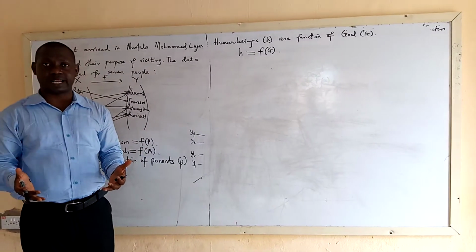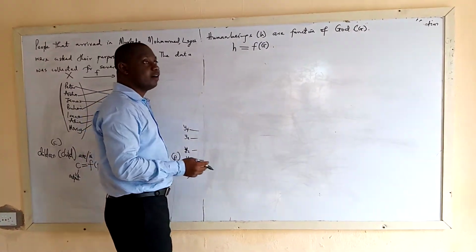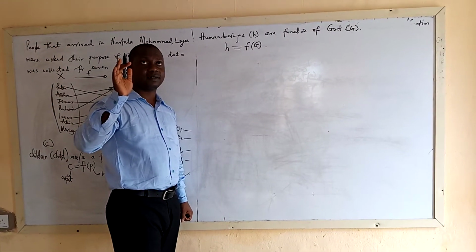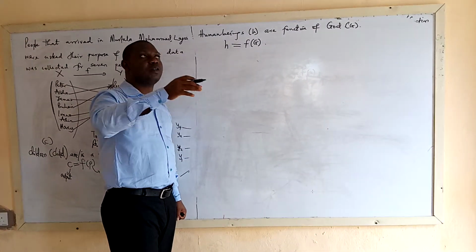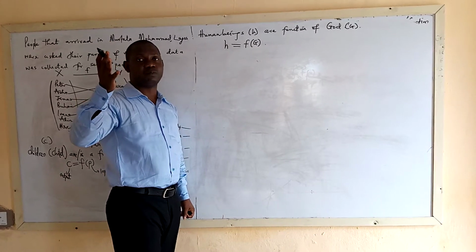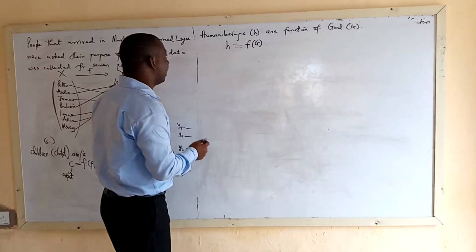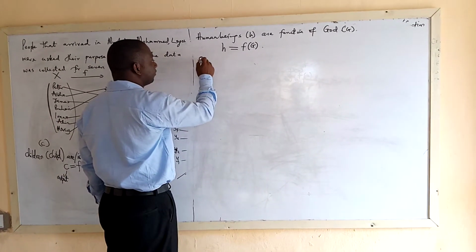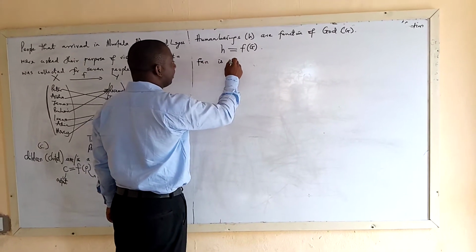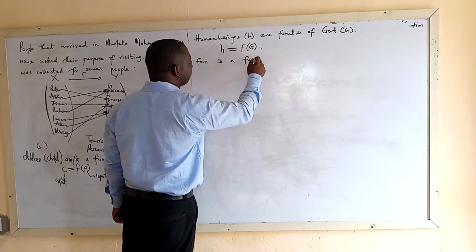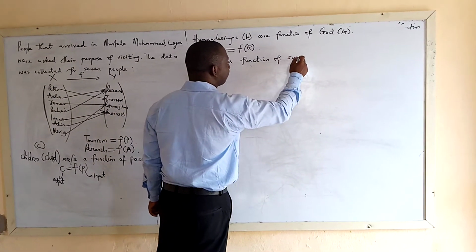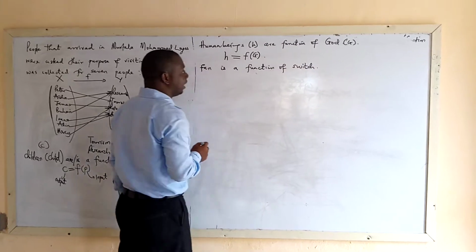Like in this class now, you have your switch and you have your fan. Without the switch, the fan cannot be put on. So what are we saying now? I will say the fan is a function of the switch. So how do I write that as well?